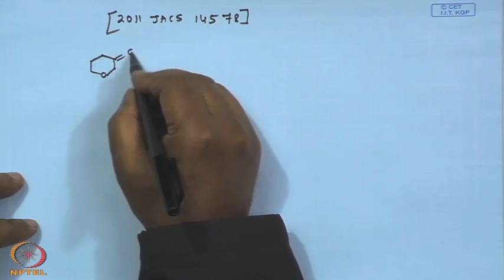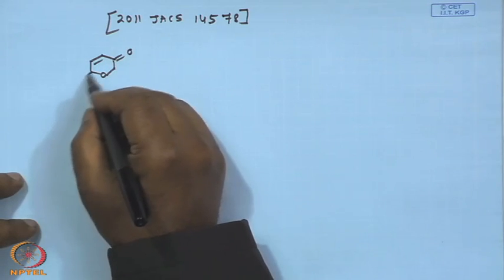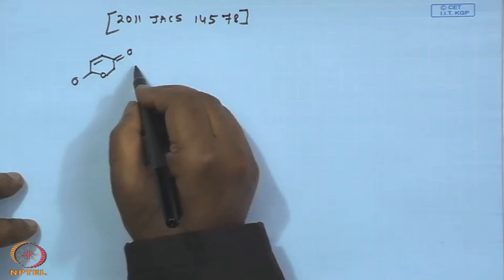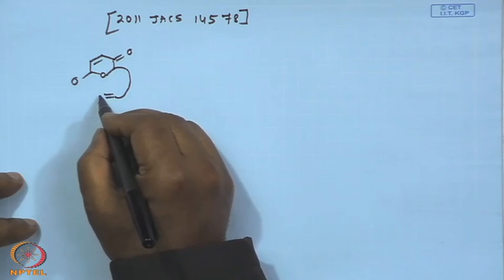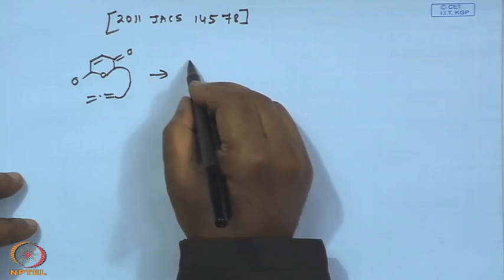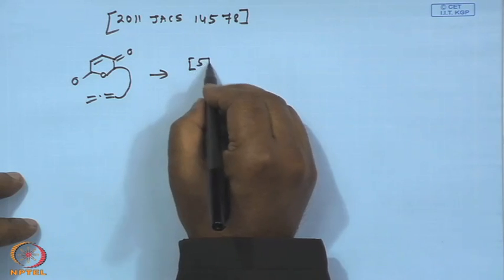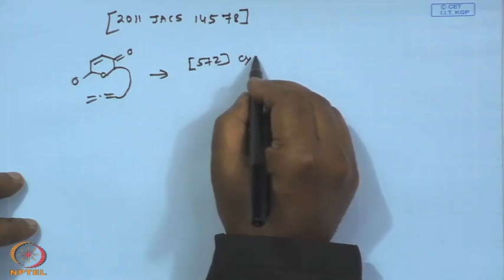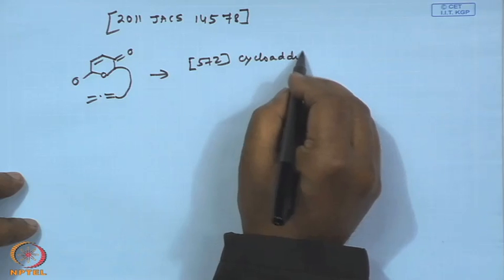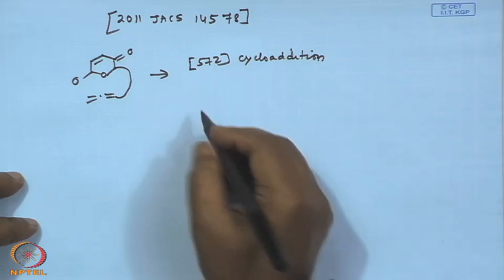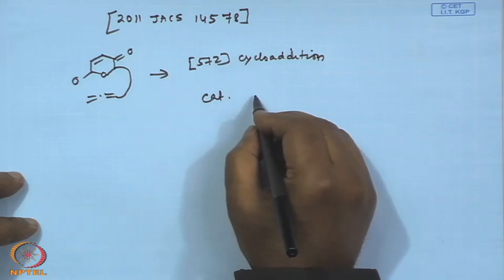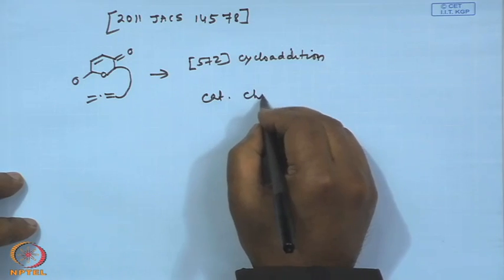An example is something like this. You will have this double bonded compound here, this pyrone system, then you have this allene system here, and it gives you the intramolecular 5+2 cycloaddition reaction, but the catalyst is of course a chiral catalyst. What is the chiral catalyst?